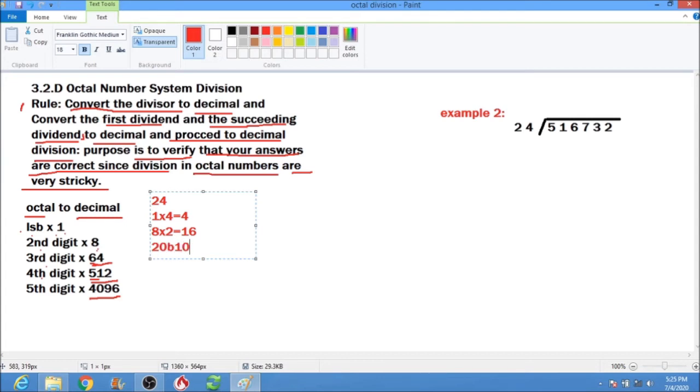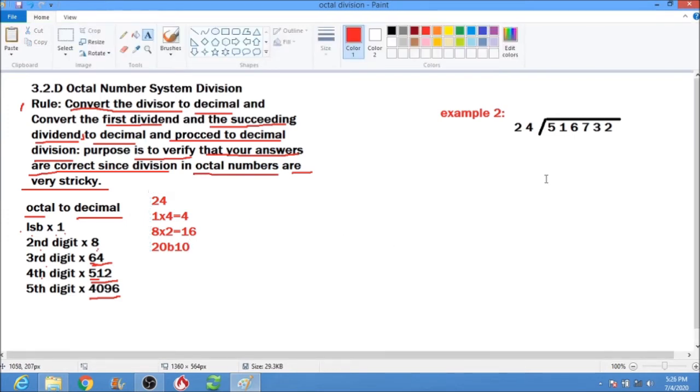Meaning, our divisor 24 is simply 20 in the decimal number system. Our first dividend is, of course, a two-digit number, which is 51. So let's convert our first dividend, 51.